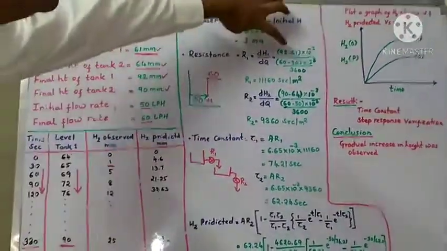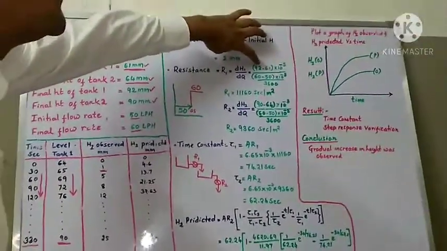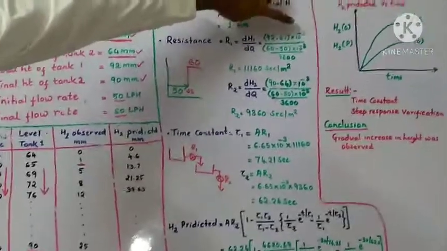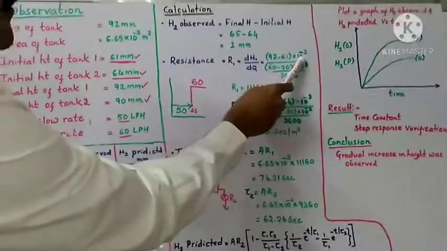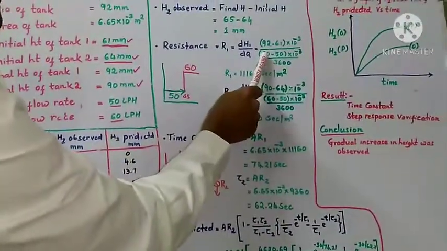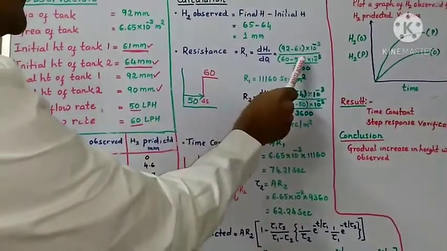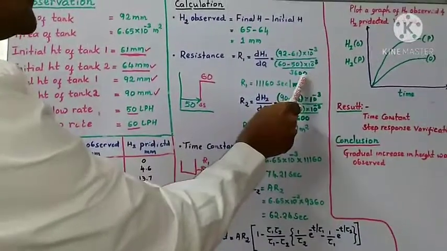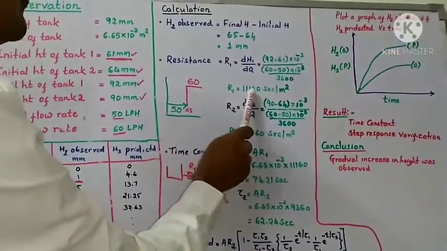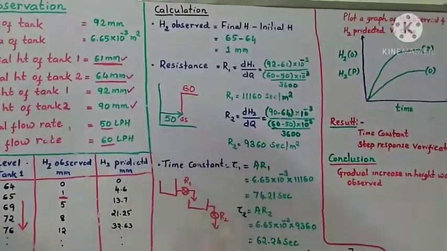H is what? H is final height minus initial height. Therefore it is in mm, I am writing it in 10 to the power of minus 3. dQ is what? Difference in LPH, final level minus initial level into 10 to the power of minus 3 divided by 3600. Therefore R1 is 11160 second per meter square.